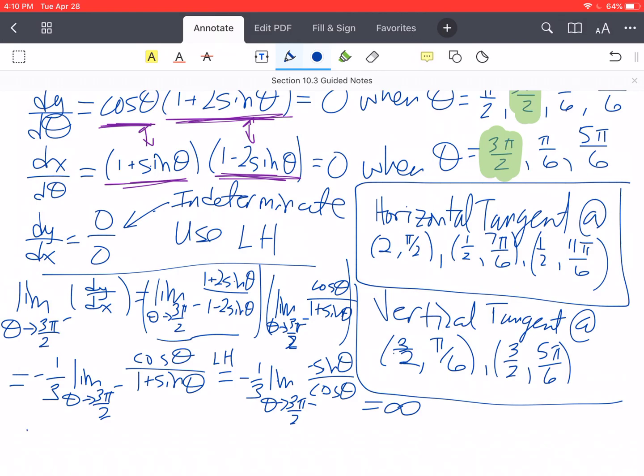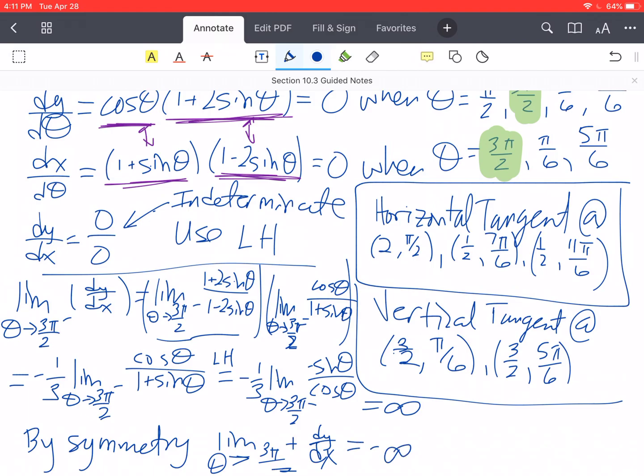Now we do have symmetry here, so by symmetry, the limit as theta approaches 3 pi over 2 from the right of dy dx, that symmetry will tell us that this is going to be negative infinity.